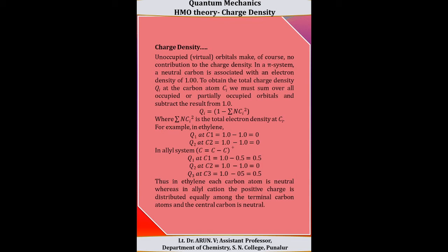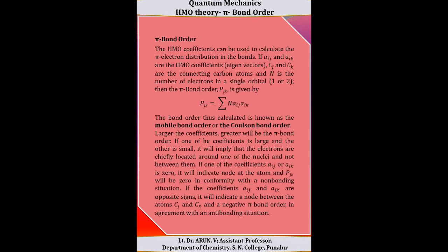And the charge density at the third carbon atom C3 is equal to 1 minus 0.5, that is equal to 0.5. Thus, in ethylene, each carbon atom is neutral, whereas in the allyl cation, the positive charge is distributed equally among the terminal carbon atoms and the central carbon atom is neutral.